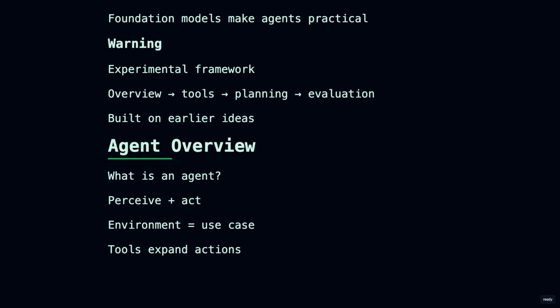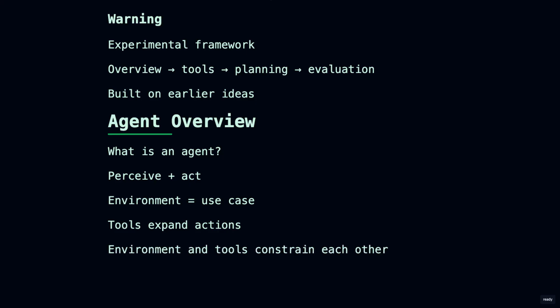A model that can search, run code, or query a database can do much more than a model that only writes text. These two pieces are tied together. The environment tells you what actions make sense, and the tools you give the agent limit where it can actually operate.